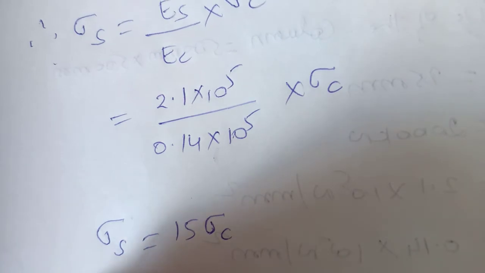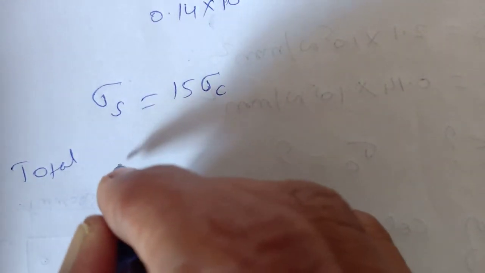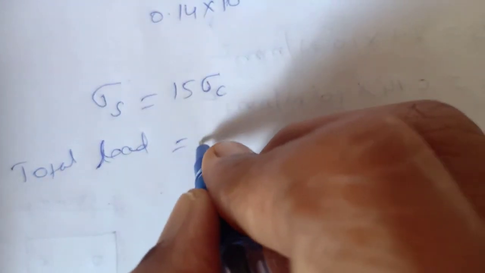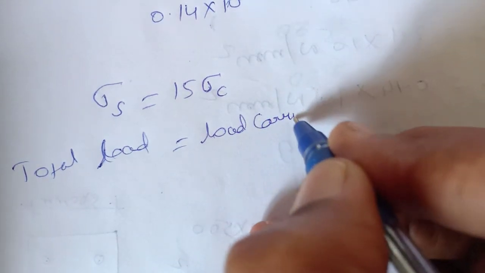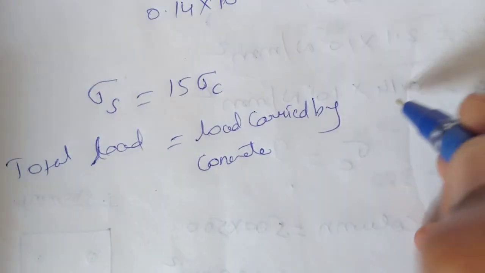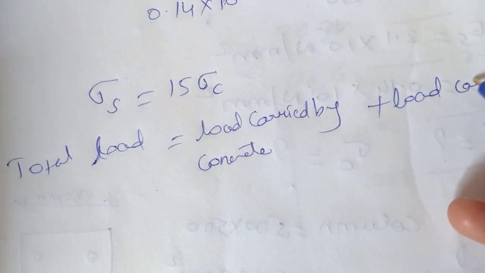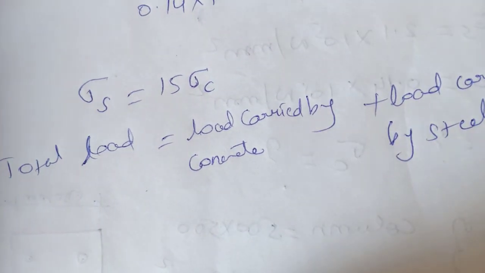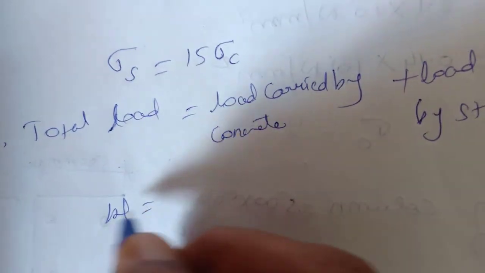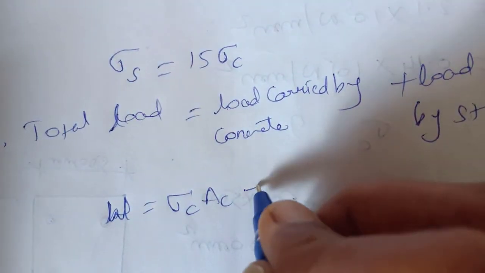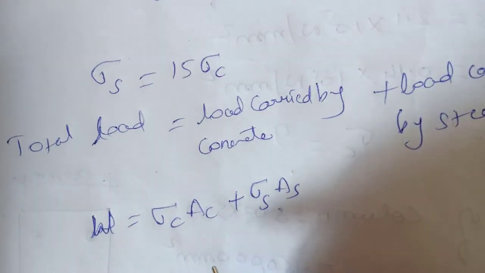Therefore total load will be equal to load carried by concrete plus load carried by steel. So you can write the formula now. Capital W will be sigma C AC plus sigma S AS.